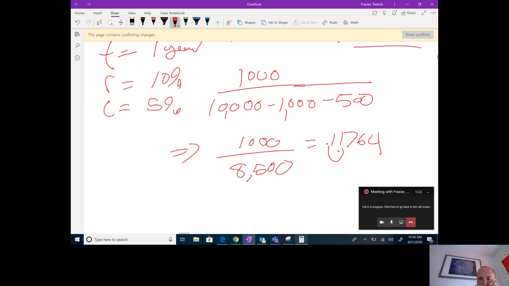And if we move this decimal point over two places, just like if we had 0.5 to make that into a percentage, we go over two places and we'd have 50%. So two places, we'd have 11.764. If we just round up, the 6 is bigger than 5, so we'll turn the 7 into an 8.